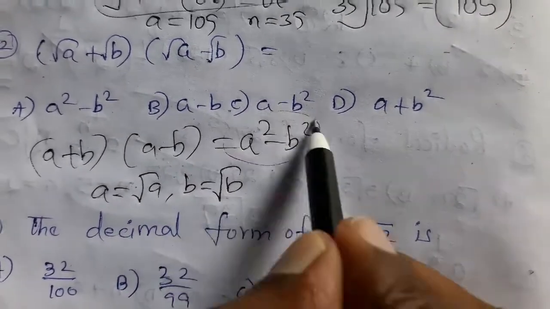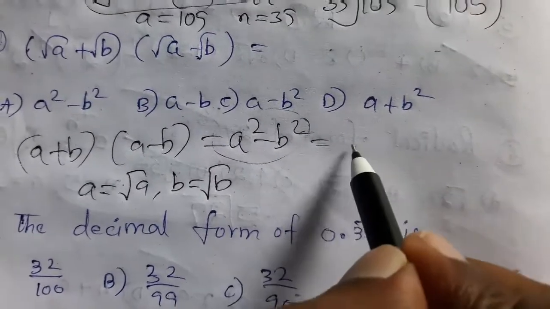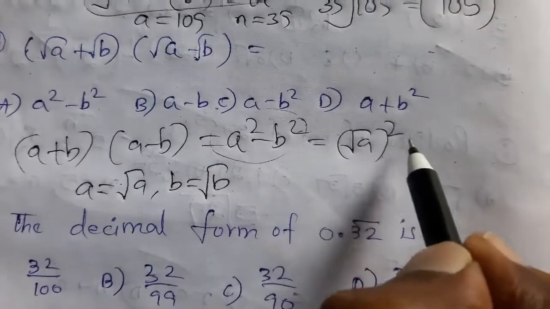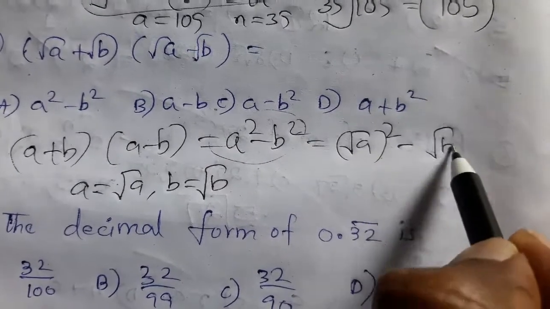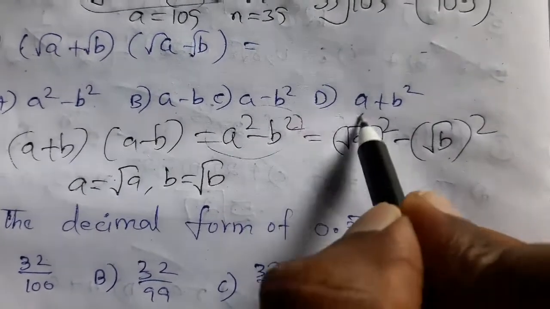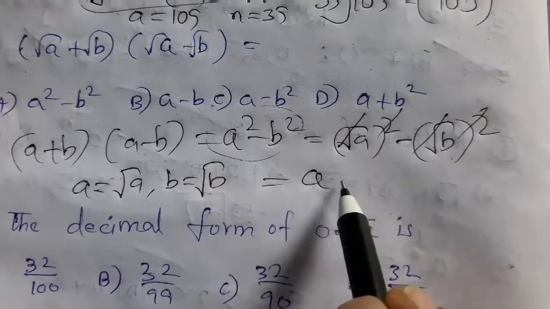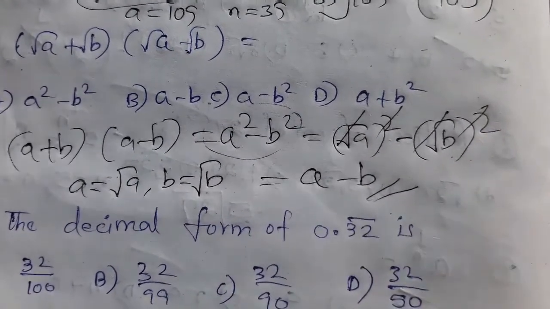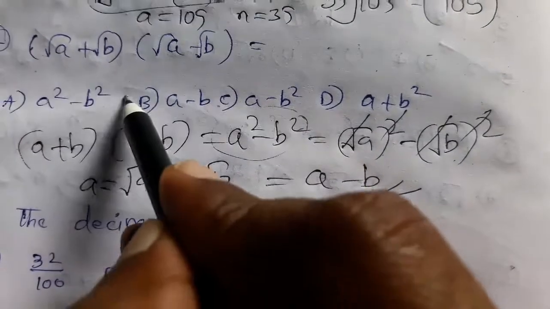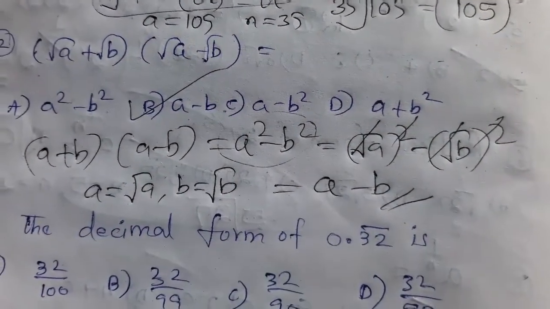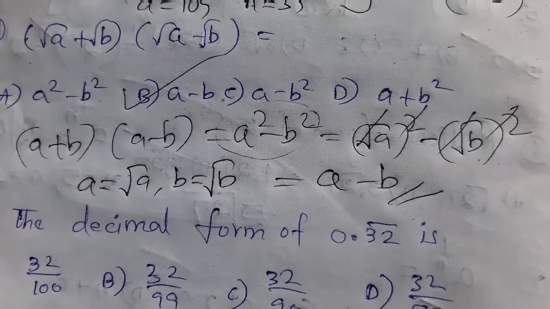Using this, we get root a whole square minus root b whole square. Square and root cancel, so what remains is a minus b, which is the answer of the given question. That means option number B is the right answer.